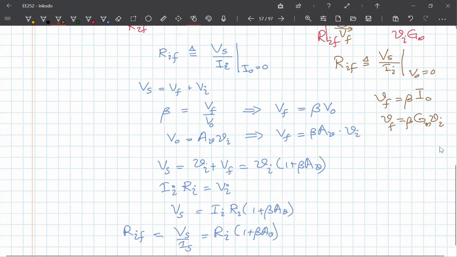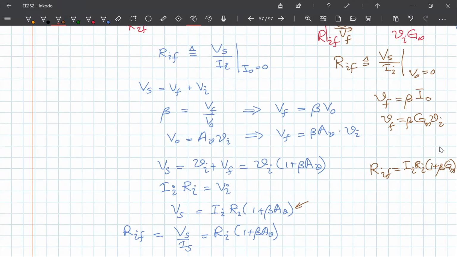So at the end, you will have RIF equal to VS over I... similar to this, I will have RI times (1 plus beta GM). This is the only difference that you will have in this case.